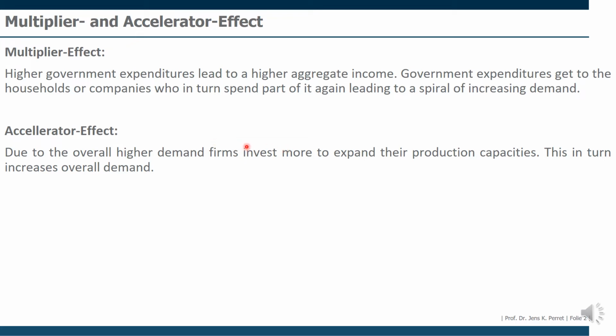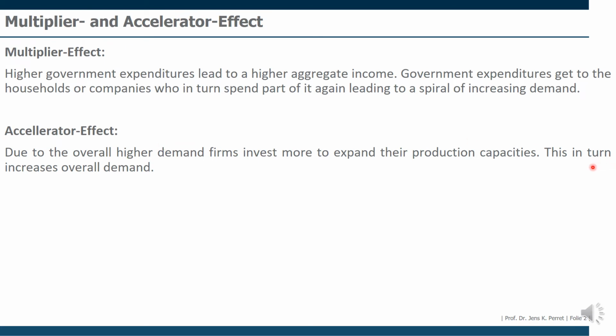If the firms are at the moment producing at their maximum output, so assuming we have an equilibrium situation, we have realized our production potential or used our production potential to its fullest, then the firms need to invest more to grow, to actually satisfy the higher demand.